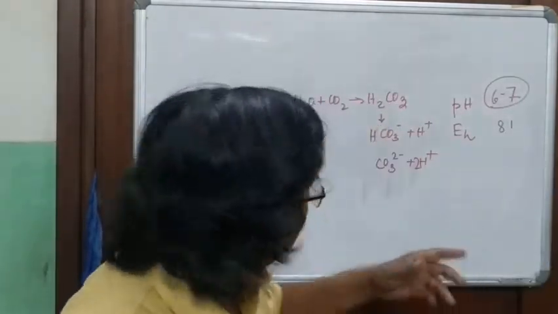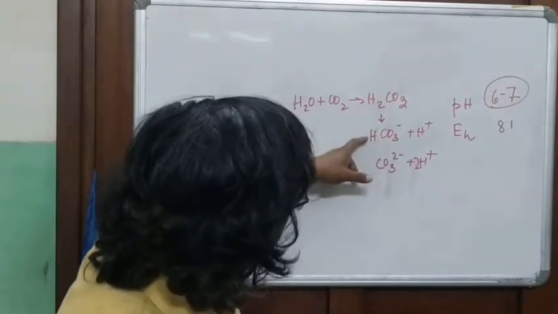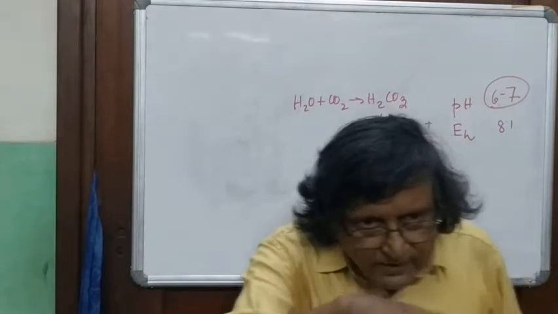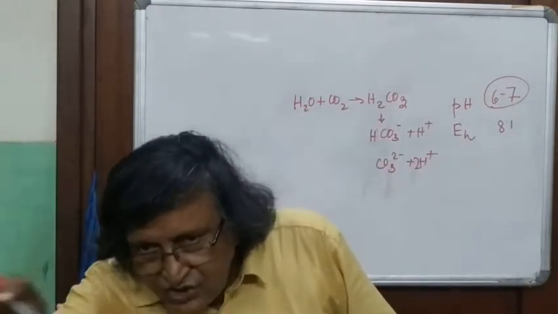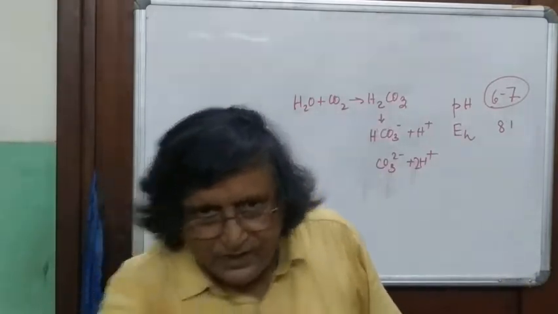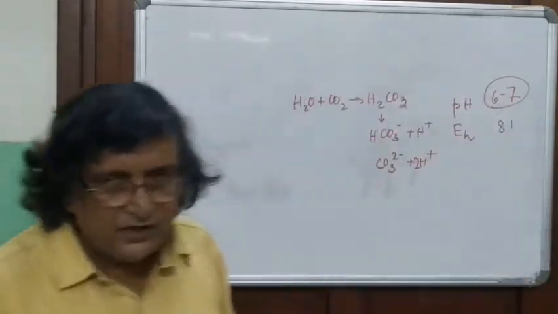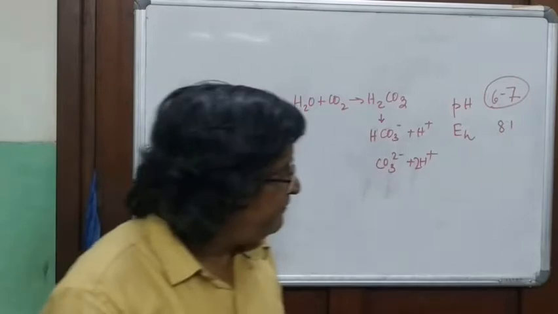So water would involve H2CO3, HCO3 minus and CO3 2 minus, and the concentrations of these species vary from ocean basins to continental waters. I'm not going into the details; it is not necessary at this point of time.